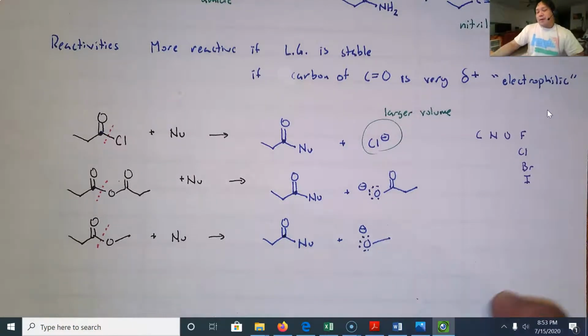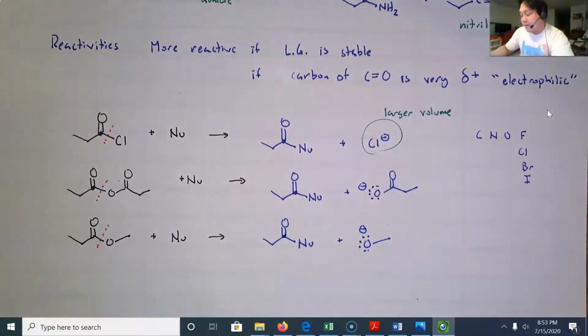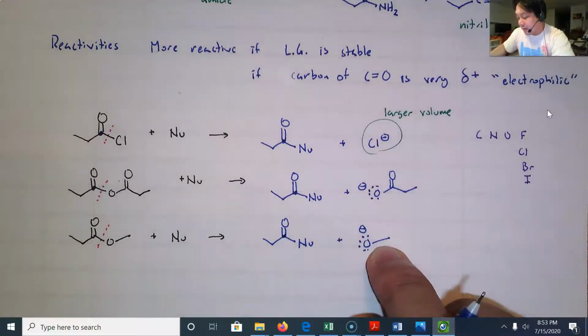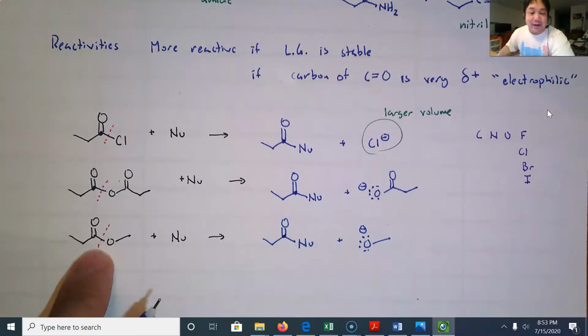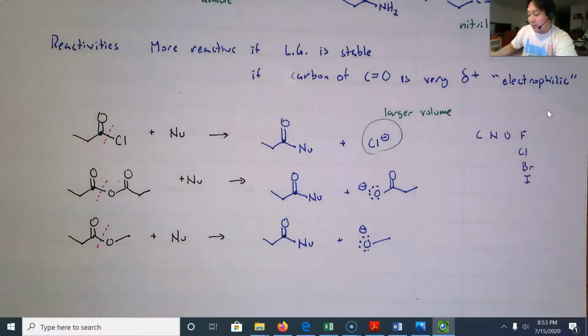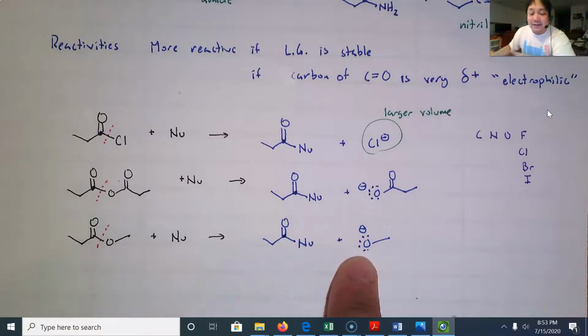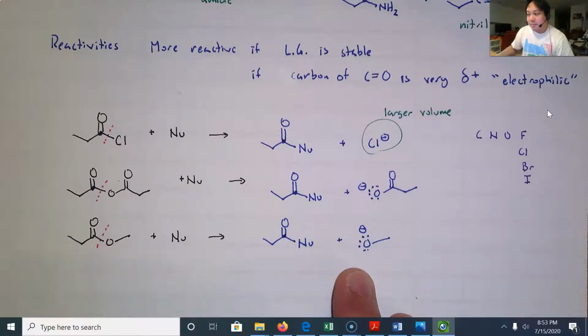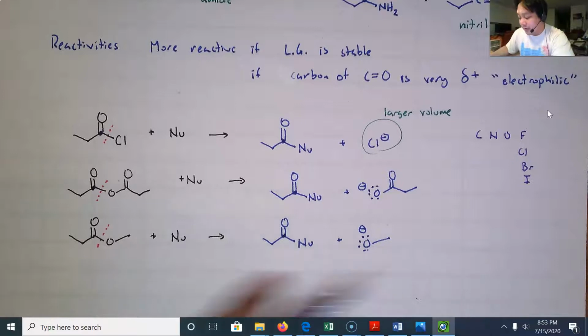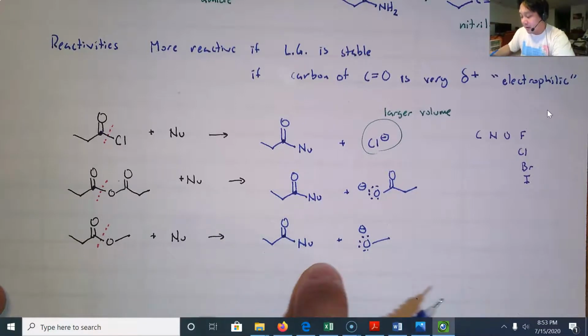What I am telling you is that the fact that this is less stable than the leaving groups above it, that's why this is less reactive. Because theoretically, we can't really kick this out very easily. We have to go through some type of catalysis, in particular acid catalysis, or base mediated processes. All of those words will become more familiar in the following videos.